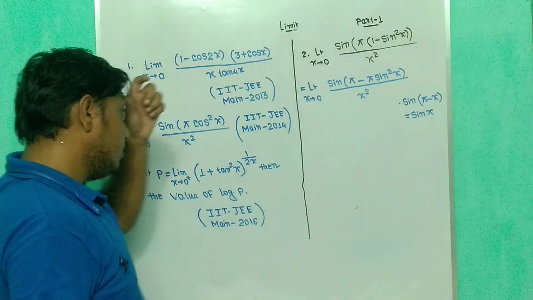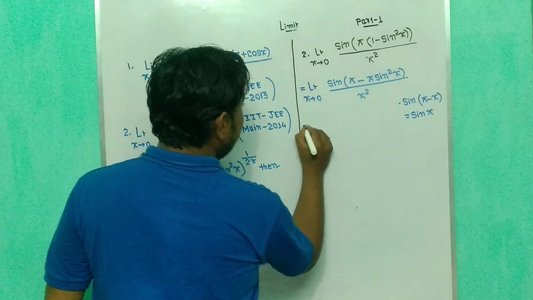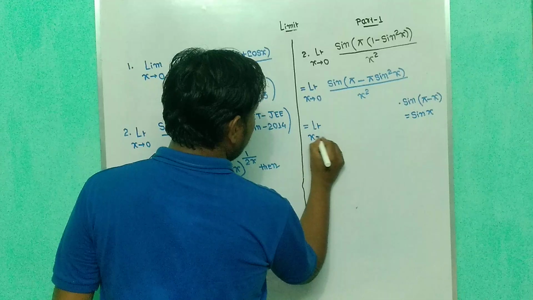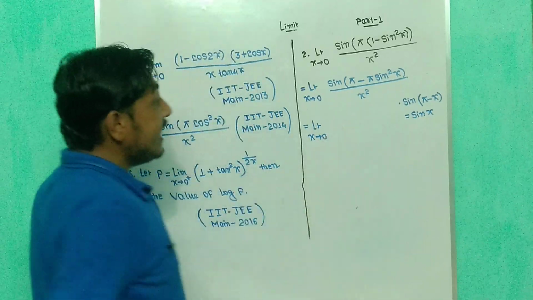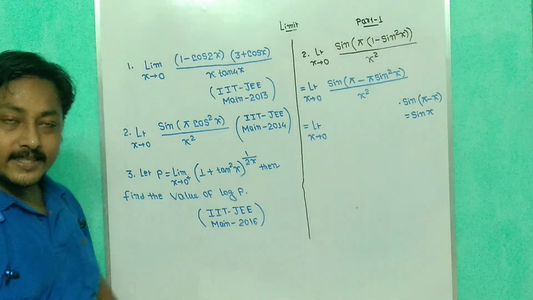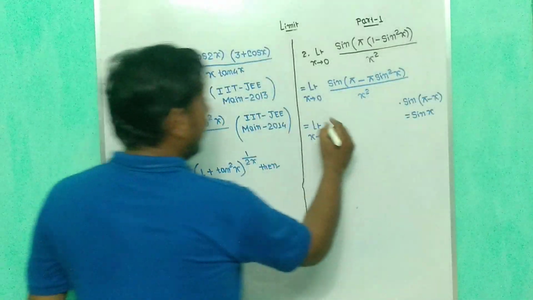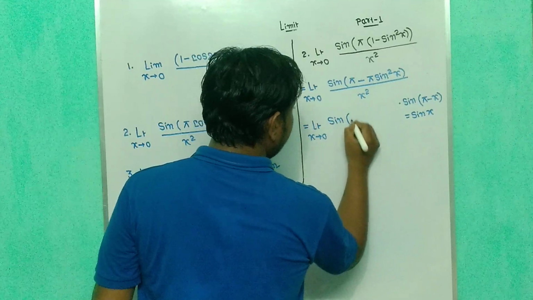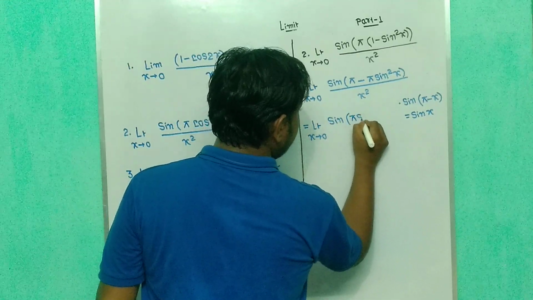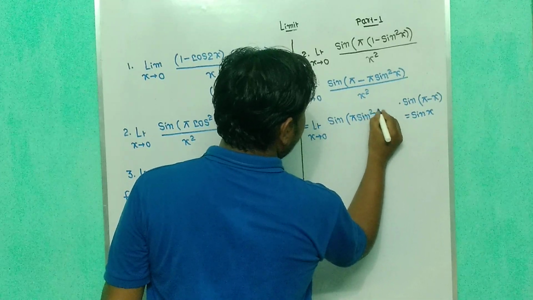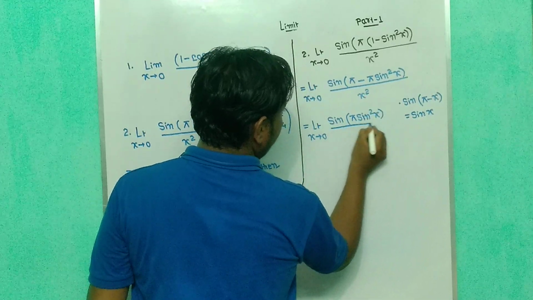Okay. Now see, limit x tends to 0, pi minus pi sine square x. So it will come sine (pi sine square x) divided by x square.